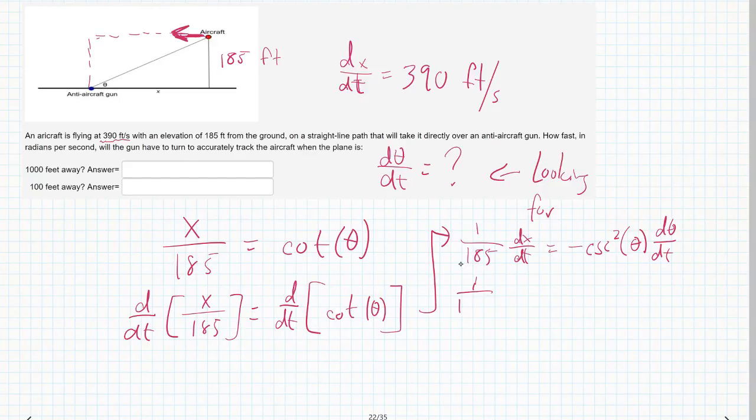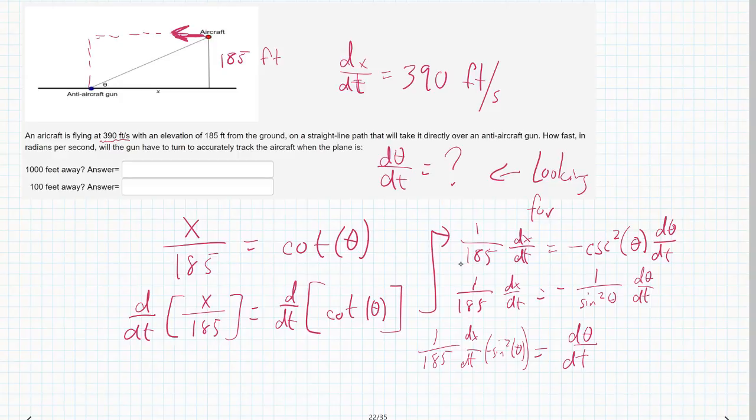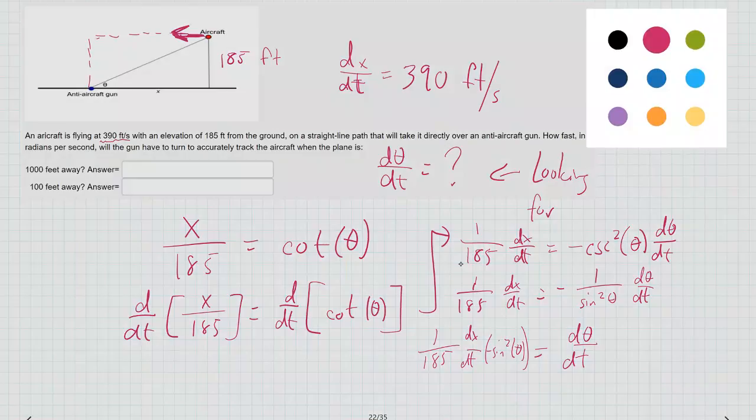Let's write it this way: 1 over 185 dx dt equals negative 1 over sine squared theta times d theta dt. So notice we can find a solution for d theta dt. You get 1 over 185 dx dt times negative sine squared of theta. We know dx dt, that's 390 feet per second.